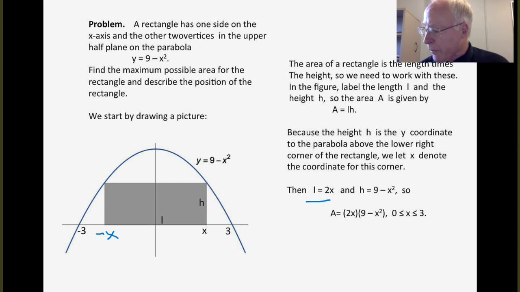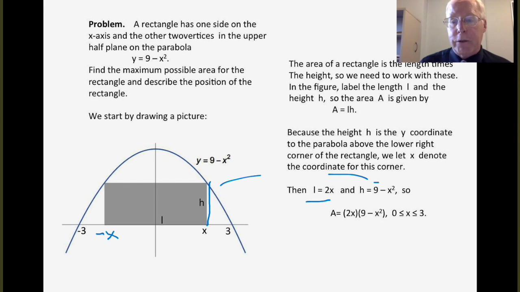So the length of the rectangle is given by 2x. So we're going to use 2x instead of L for the length now. We're going to try to find the x that gives us the rectangle of maximum area. And again, once you know x, where this lower right corner is, we can figure out the height h. It's just the height to the parabola. And so the h then is given by 9 minus x squared.